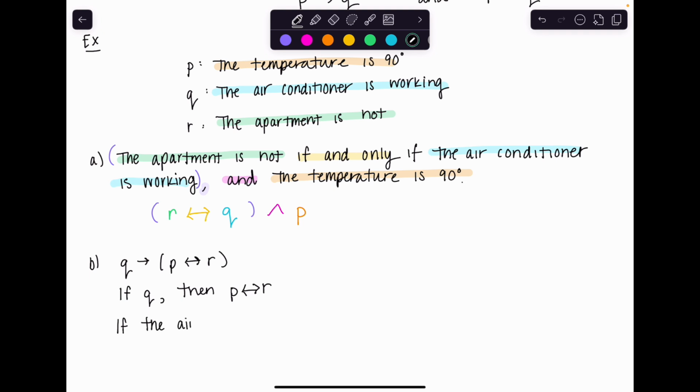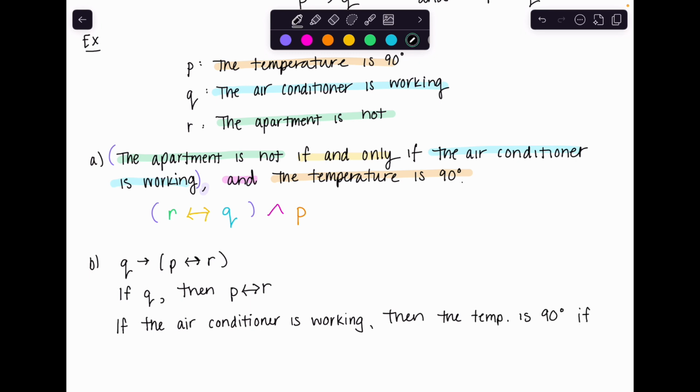So if the air conditioner is working, then P happens if and only if Q happens. So P is the temperature is 90 degrees, if and only if R occurs, which is the apartment is hot. Okay.